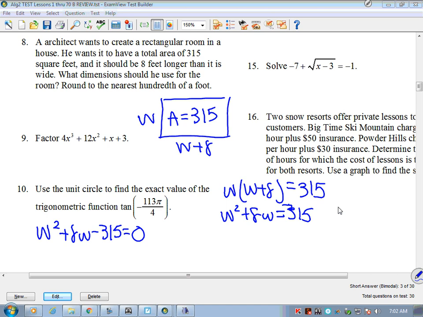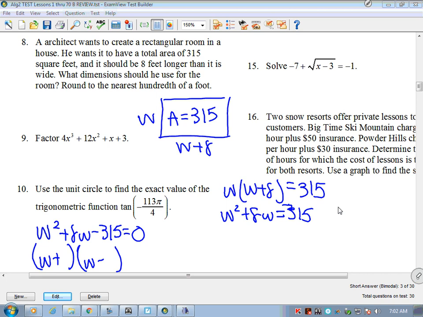Now, there's a lot of things that we could break up here, where we'd have a W plus and a W minus, things to get 315. But it's probably going to end up coming out more complicated than that.